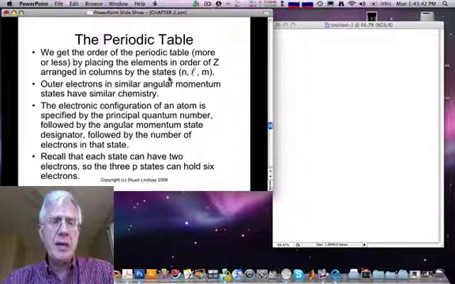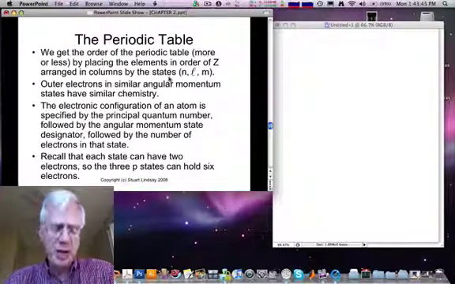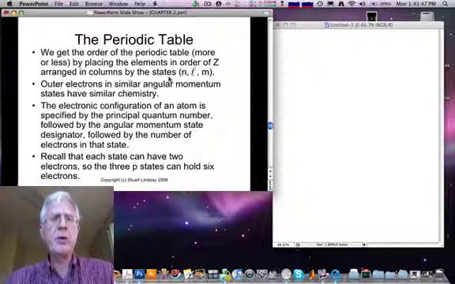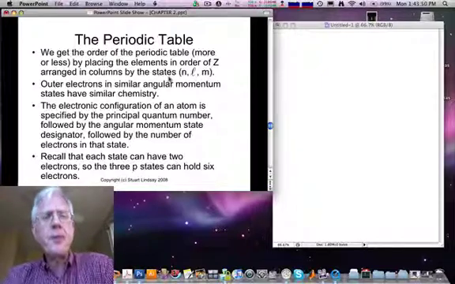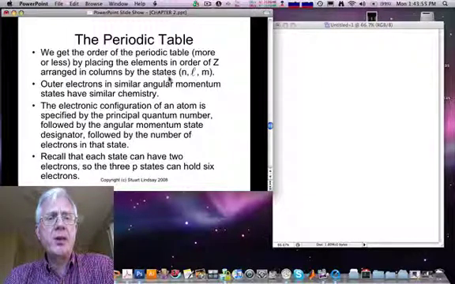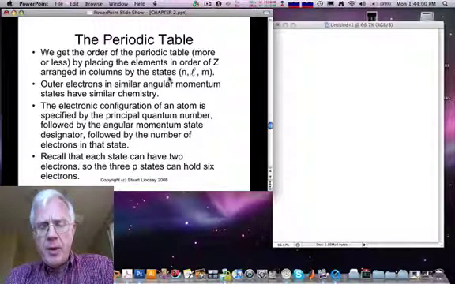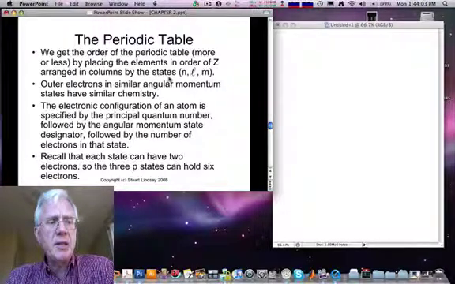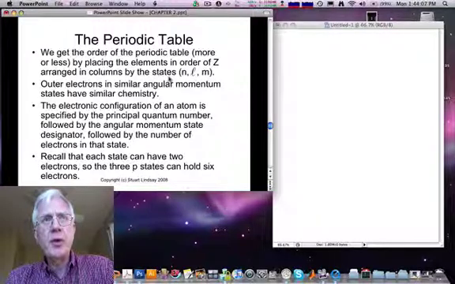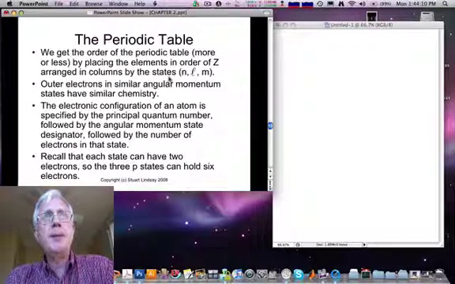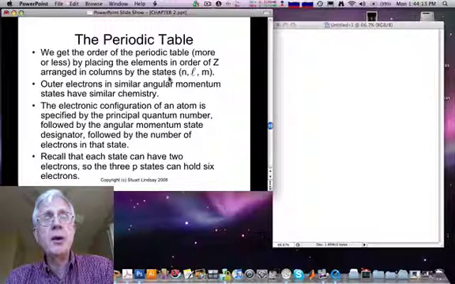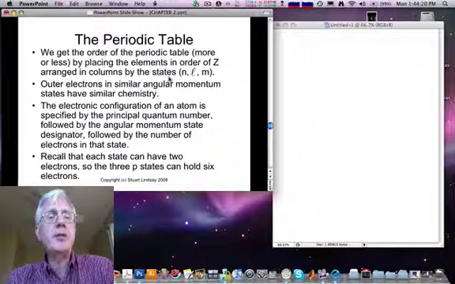Now remember that the L and M quantum numbers are degenerate in hydrogen, so look for some surprises when we actually fill up the elements by placing many electrons onto an atom, because it will make some changes. Now, in the periodic table, originally formulated by putting elements in columns corresponding to their chemistry, and then arranged in rows according to molecular weight, the key issue being that each column has elements which have really very similar chemistry.